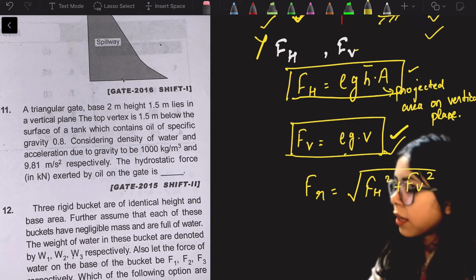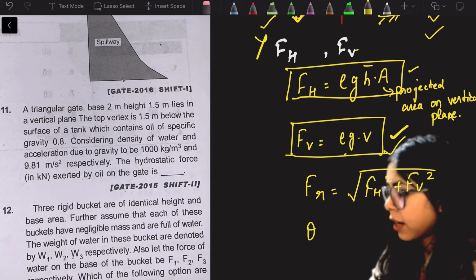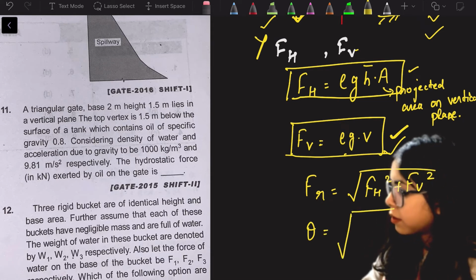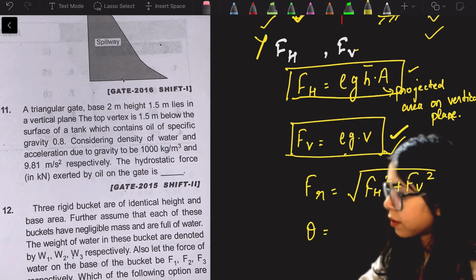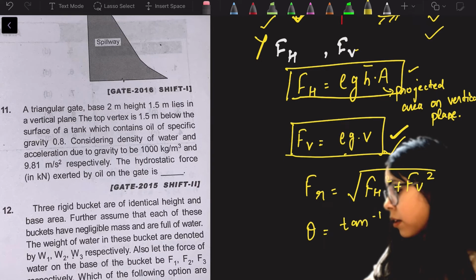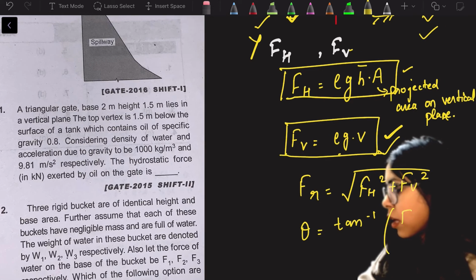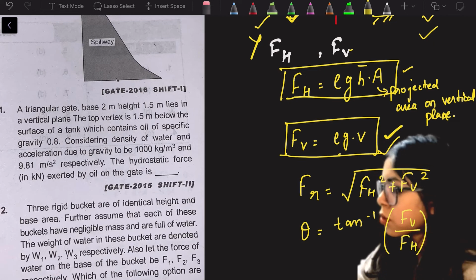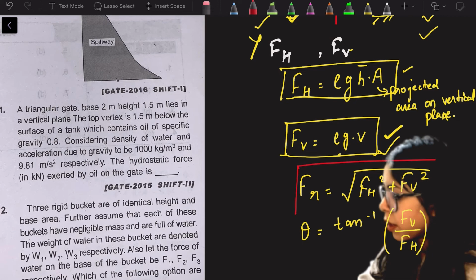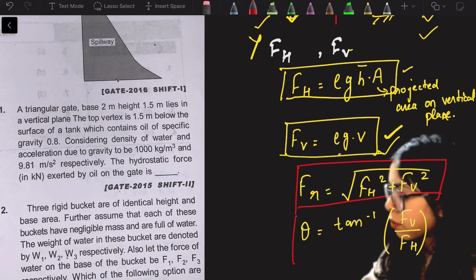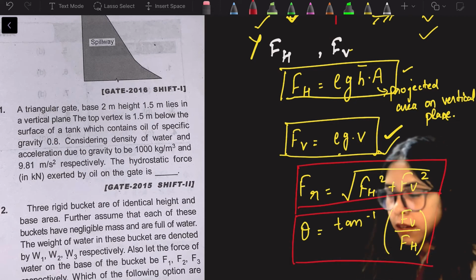And with that, if I am asking for the theta, the angle of the resultant force, theta is nothing but tan inverse of what? F of vertical divided by F of horizontal. Okay, so these two are the formulas from which we will get resultant force and the direction of the resultant.